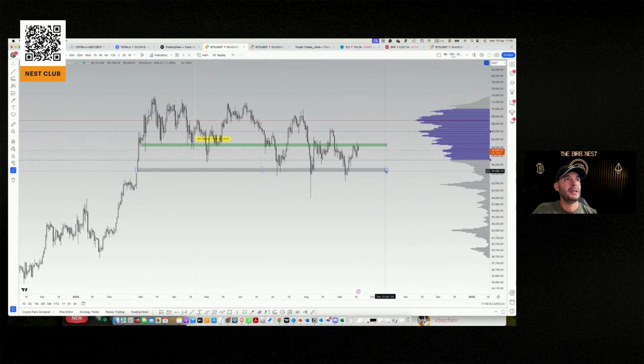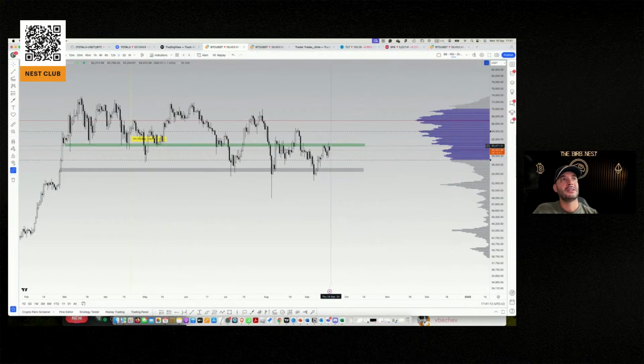I would say play this level to level. 54.5K is a level. Around 51K is a level. Around 44K, that's a level as well. But we cannot predict or anticipate 44K just because it's rejecting here.